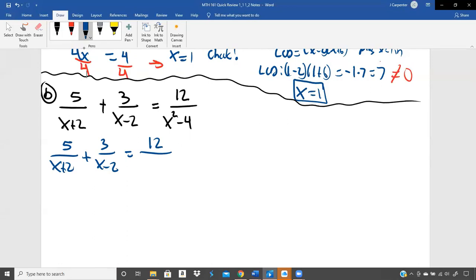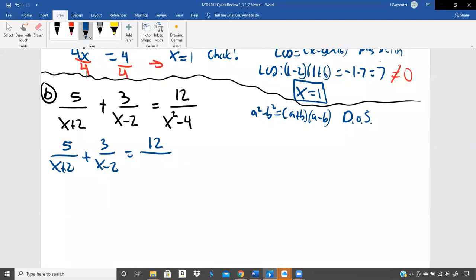But this is a formula, a squared minus b squared is equal to a plus b times a minus b. That's called a difference of squares.